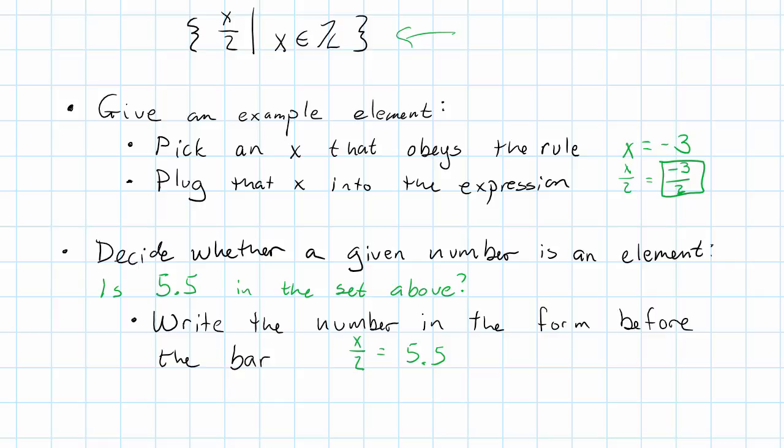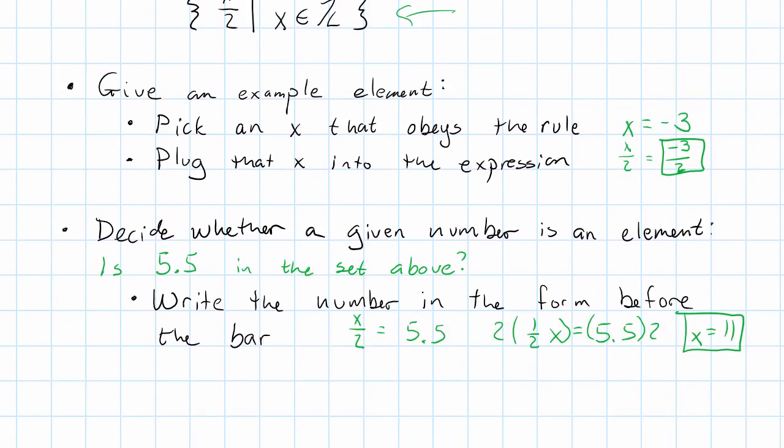We read x over 2 as 1/2 x. We'll multiply both sides by 2, and we get x equals 11. Okay, so 5.5 can be written as 11 over 2.